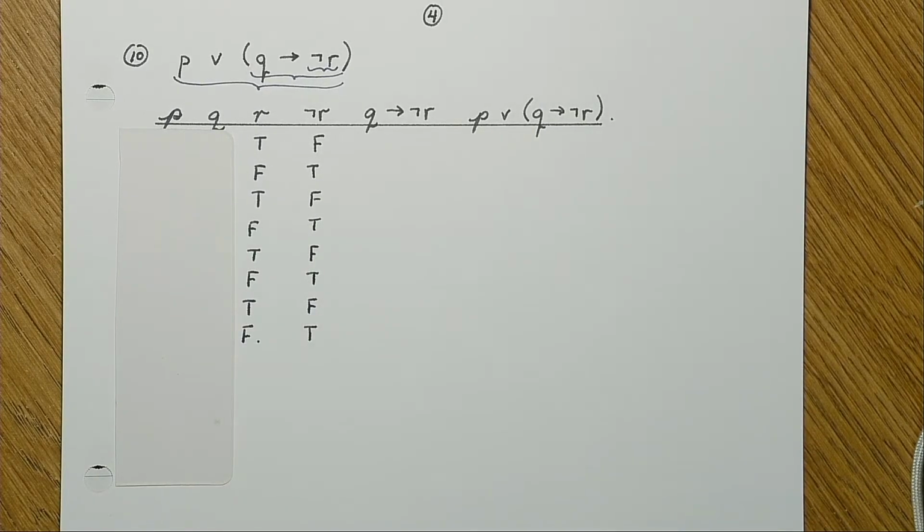Okay, and then I need to apply Q to the not R. So I'm going to cover it up with a thinner piece of paper. There we go.